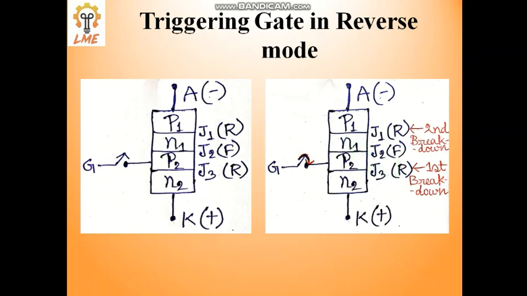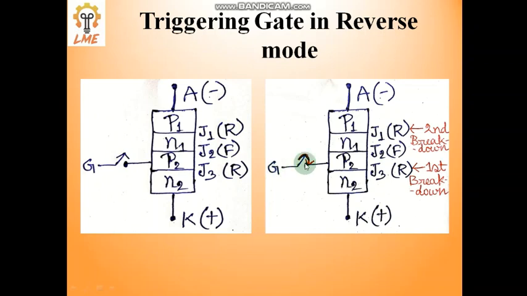Junction 3 breaks down first, because junction 3 is already getting more pressure compared to junction 1. When junction 3 breaks down, the entire pressure created by anode, cathode and gate comes to the J1 layer. Then J1 cannot resist this entire pressure, and junction 1 also breaks down.